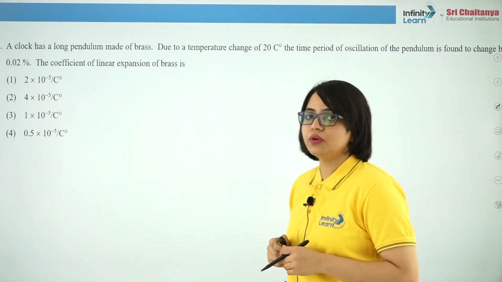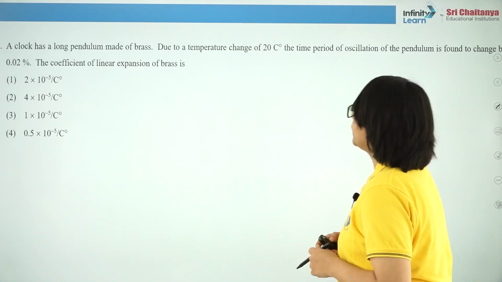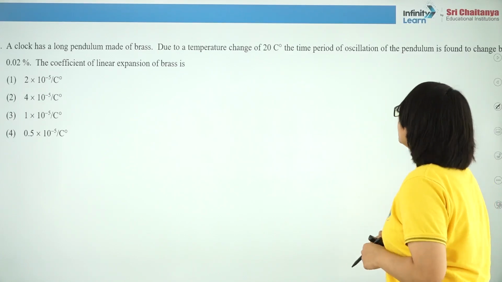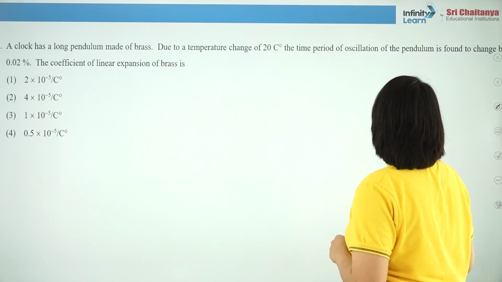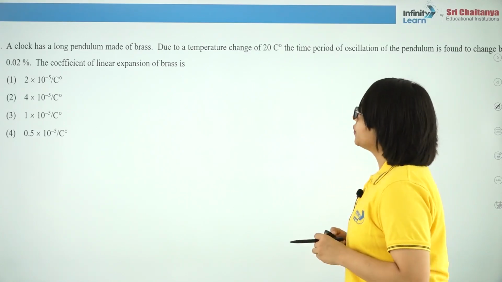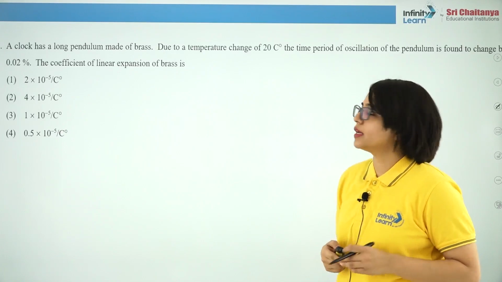Next is 134. A clock has a long pendulum made of brass. Due to a temperature change of 20 degrees Celsius, the time period of oscillation of the pendulum is found to change by 0.02%. The coefficient of linear expansion of the brass is.